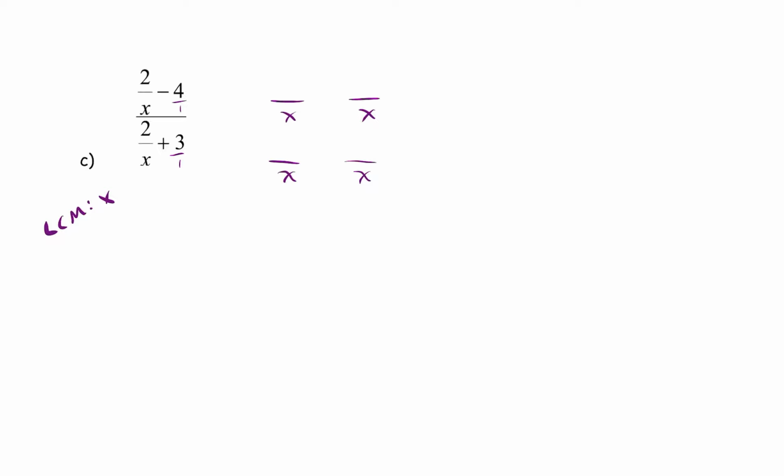Which means that we're going to have 2 minus 4x and 2 plus 3x, put that whole as two fractions. This will simplify. Remember, the denominators now cancel out. So we end up with 2 minus 4x over 2 plus 3x. Okay, that one's done.